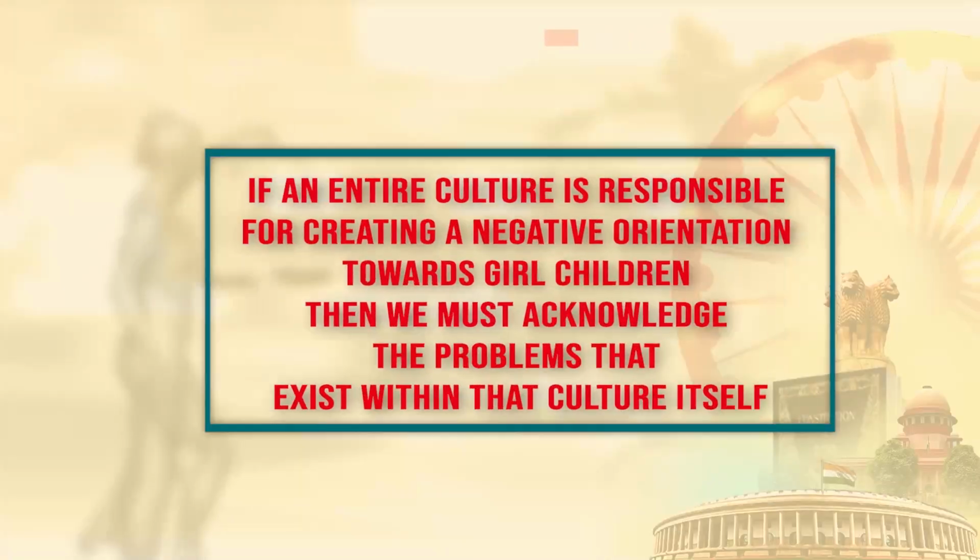We must distinguish between problems which are caused by local cultures, problems which are caused by individual people or individual families, and problems which are caused by a larger cultural background. If a problem is caused by a specific individual, we cannot attribute it to the entire culture.